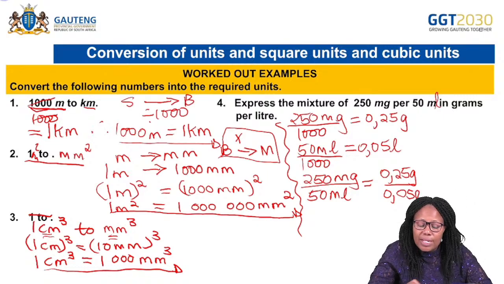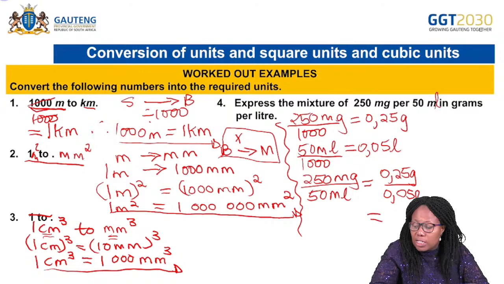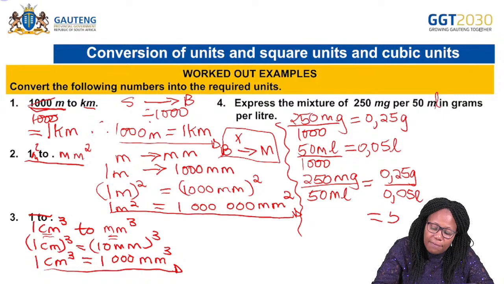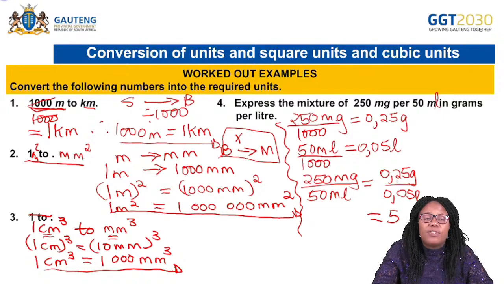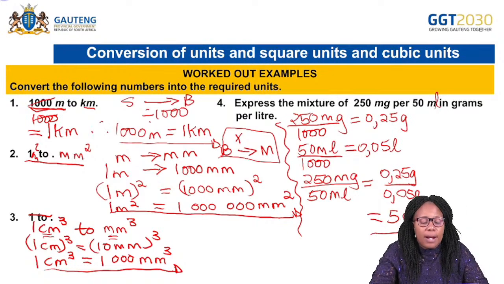This is now in grams per liter, grade 12. And then if we simplify this now, it is giving us only what? A 5. That is 0.25 divided by 0.05. It is giving us 5 grams per liter. I think we have now arrived at our answer, grade 12.